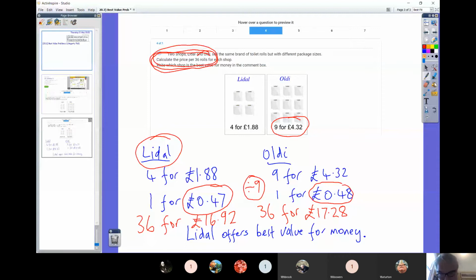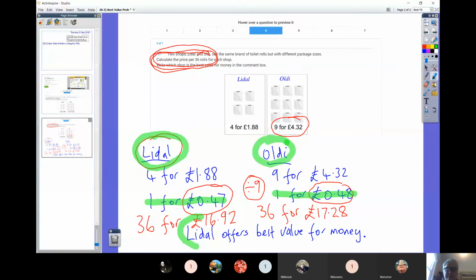What typically happens in a GCSE, it just asks you to work out which is best value for money. So in that circumstance, you would just compare those two. 1 roll is costing 0.47 pounds from Lidl, and 1 roll is costing that little bit more from Aldi. So clearly Lidl offers best value for money.